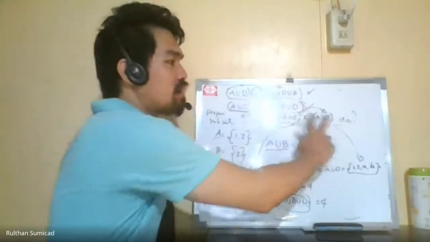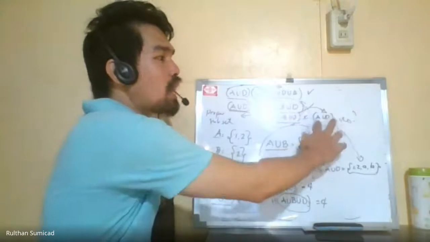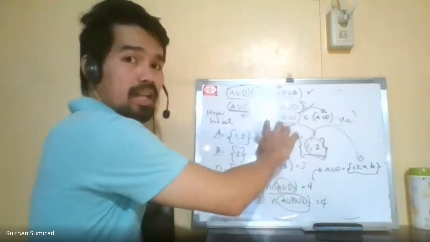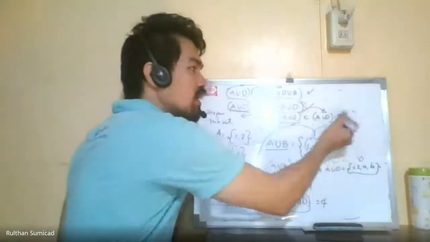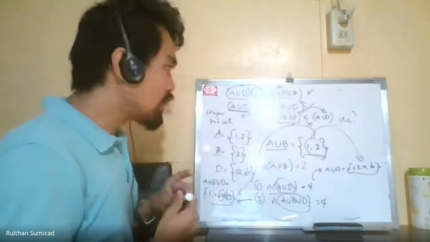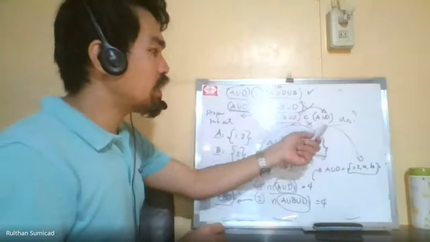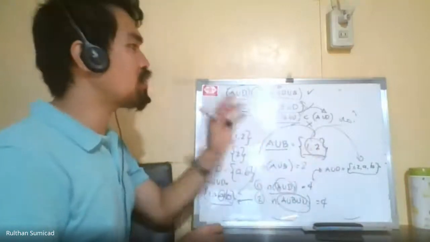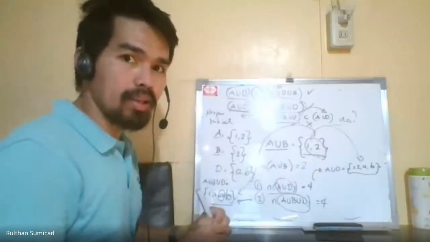In fact, the elements here are found here. But there is no element in this set that is not found in this set. Thus, we cannot say this. Do you follow? It's because it does not satisfy the definition of a proper subset.